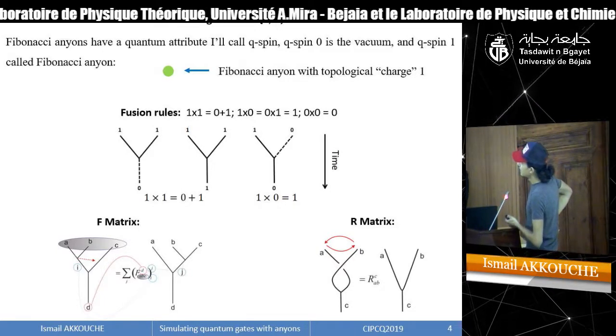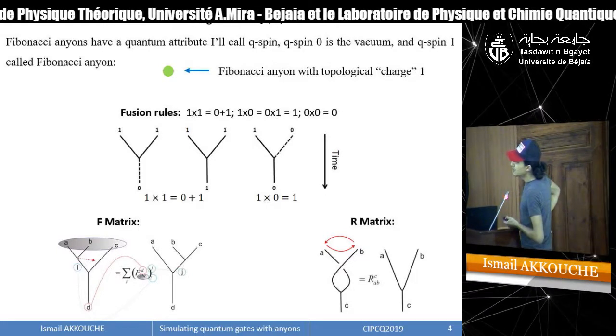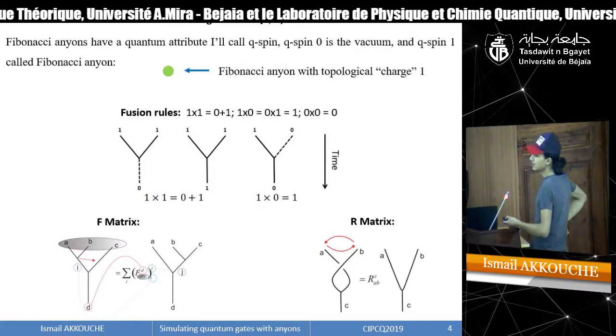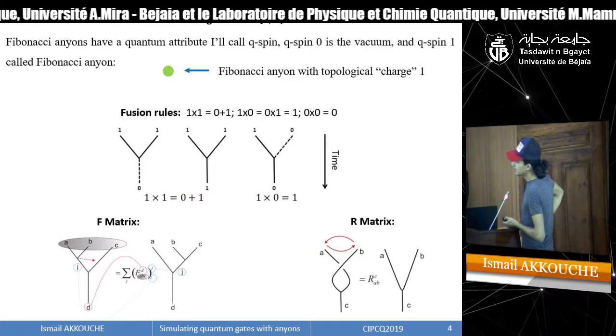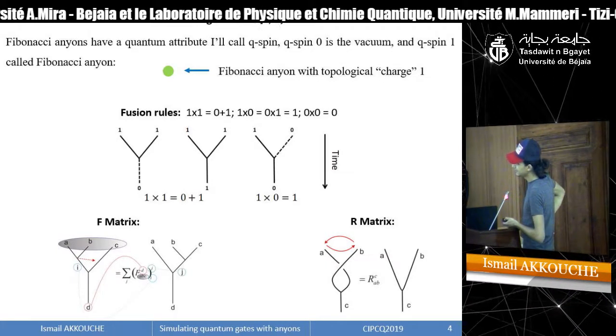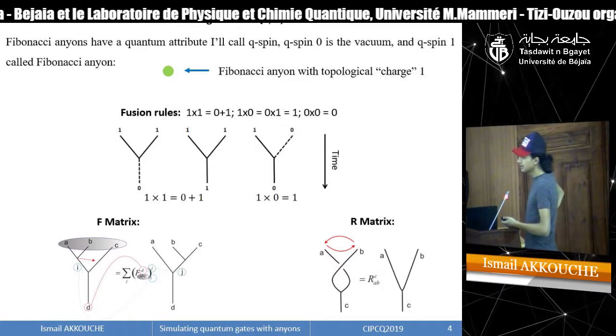When we fuse two Fibonacci anyons, we can get the vacuum, or we can get another Fibonacci anyon. And when we fuse the vacuum with a Fibonacci anyon, we will get another Fibonacci anyon. And trivially, when we fuse two vacuums, we will get vacuum.